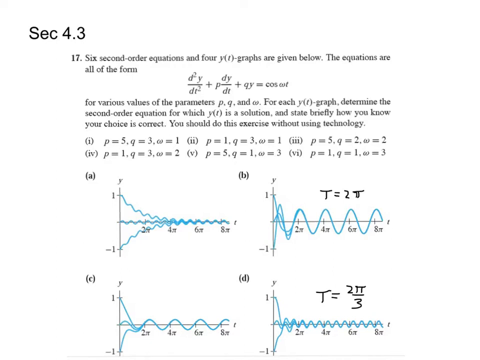This is a period of 2 pi over 3. This is a period of 2 pi. And again, you can see that there's 1, 2, 3 peaks, so that corresponds to 3 complete cycles of a sine or cosine.